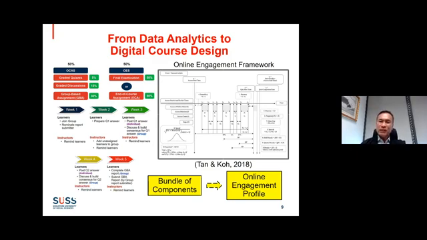Now, what we see on the right-hand side is the online engagement framework that Jess and myself developed in 2017, presented in 2018. Now, essentially, what we believe is this: online engagement, or more generally, learner engagement is important.